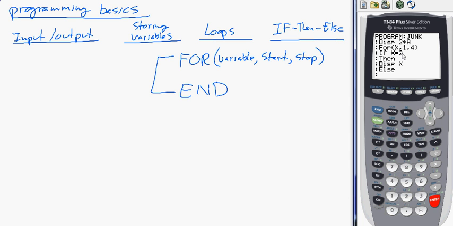It gives you an option of what to do when it is equal to 2 and what to do when it's not equal to 2. Maybe we'll display A because we haven't used that. Right. And it's still just one end for the if, and one end for the for.